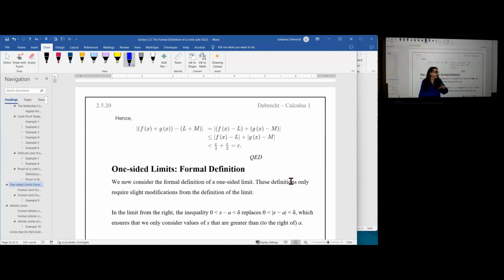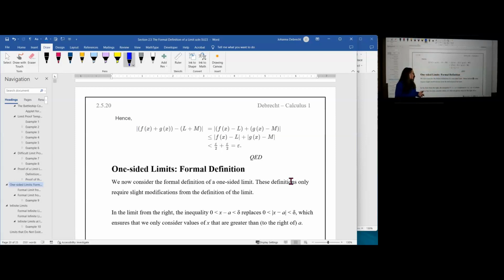Now I need that triangle inequality. I have the sum of two things inside an absolute value, which is less than or equal to the magnitude of each one individually in an absolute value. But I know that this first one is less than epsilon over 2, and the second is less than epsilon over 2, strictly less, and that adds up to epsilon. So I'm done, and I finish with QED.